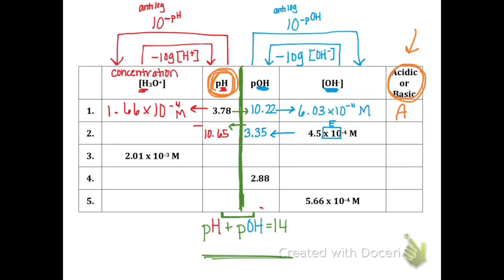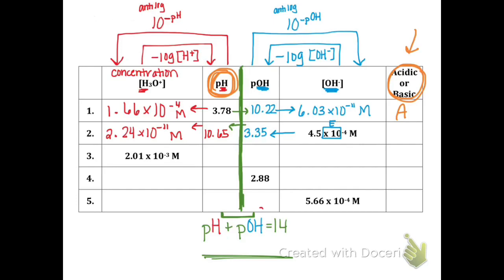Okay, if you want to go backwards this way, according to your map up at the top, if you want to go from pH to hydrogen concentration, you have to do the antilog. The antilog is second log of negative 10.65, and it becomes 2.24 times 10 to the negative 11, and you've got to put that M for molar.